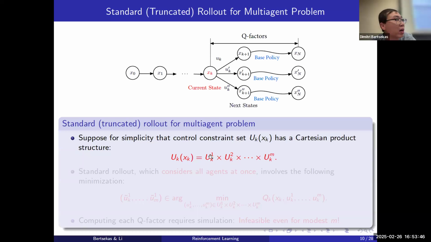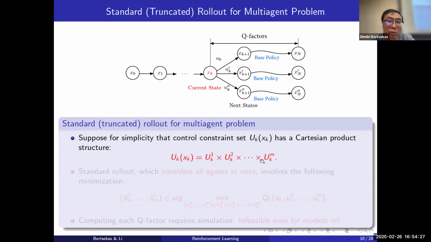So that means agent one can choose its control within the set freely and it does not impact the feasibility of the control selection of the second agent. On the other hand, this need not be true in reality, and what we're going to talk about later applies fully to the more general case, whereby agent one selecting some control may leave agent two with nothing to choose from, or may leave the remaining agents with no feasible control at all.